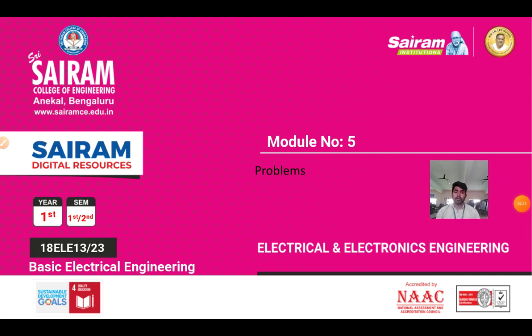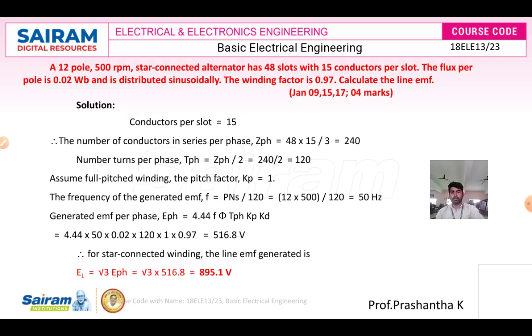Also Kp is equal to cos alpha by 2, Kd is equal to sin(m beta by 2) by m sin(beta by 2), and the synchronous speed is Ns is equal to 120 f by P. Now let's see the problems one by one.